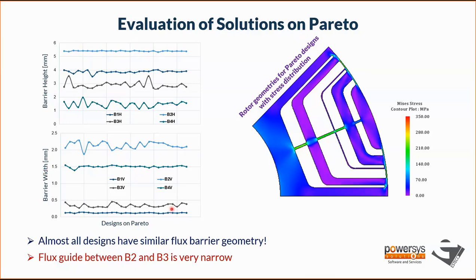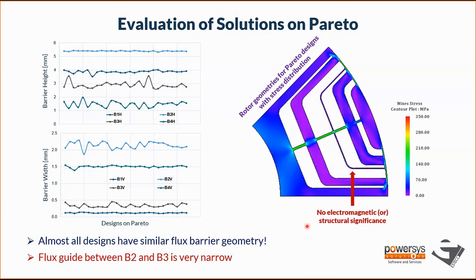And we can also see that some of them are quite settled down at the minimum possible values assigned for them. Particularly this flux guide between barriers 2 and 3 is very narrow, and this does not have any electromagnetic or structural significance. So basically it is converging towards a solution that almost nearly eliminates that flux path.